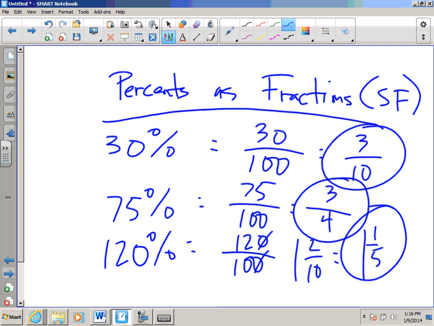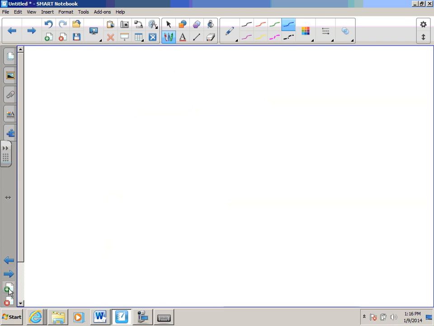Let's get to it. Let's take out that worksheet for 6-6. This is going to be one of your all-time favorite worksheets. What do you think that means?